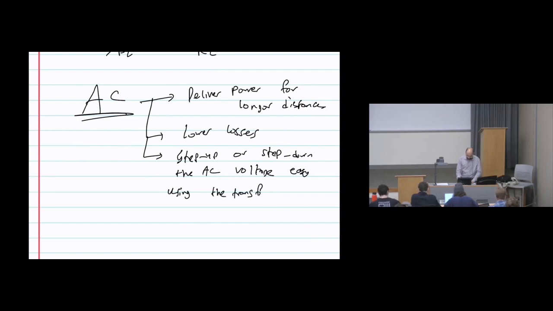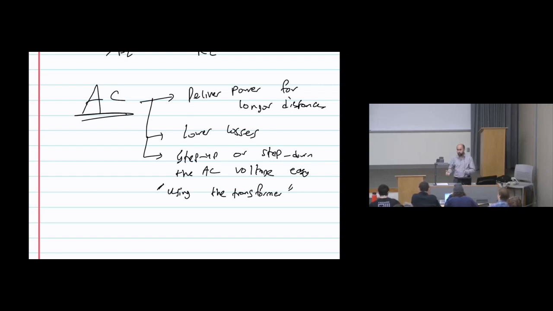So using the transformer, we can step up or step down the voltages. The overall idea, we will step up the voltage to a high value, then transmit the power for longer distances. This will make it lower losses. After that, for the load side, we will step down the voltages, and then you will get it to the customer.